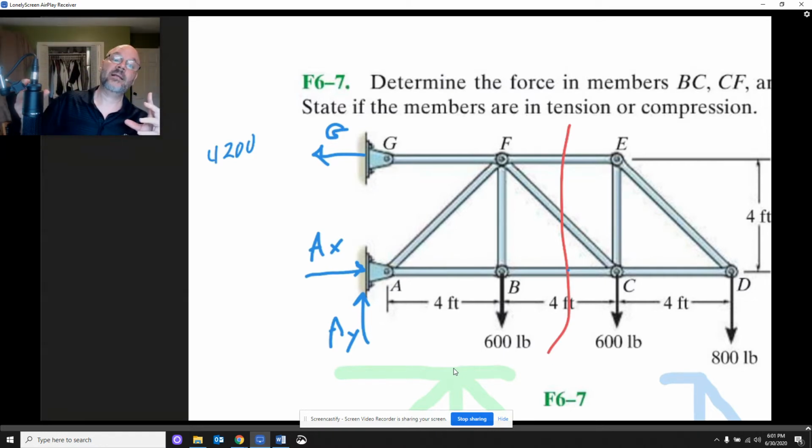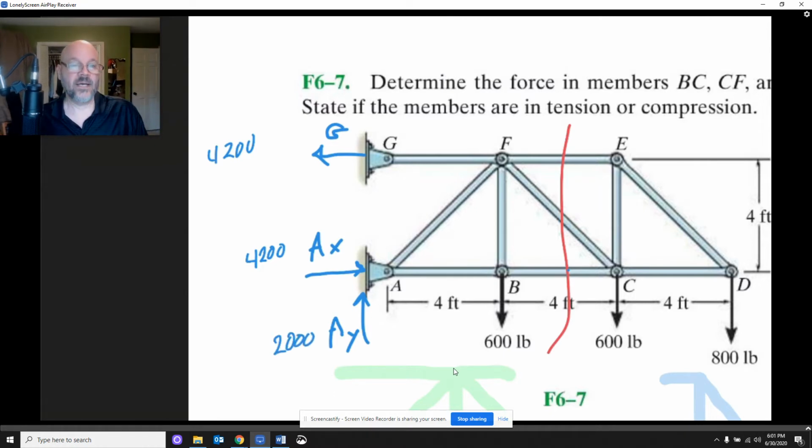So G is the only thing keeping it from falling over if we put our pivot at A. Now AX has to match it. AX is also going to have to be 4,200 because G and AX are the only horizontal forces. And then vertically, we've got the 600 down, 600 down, 800 down. Only AY is up, so AY is going to have to be 2,000.